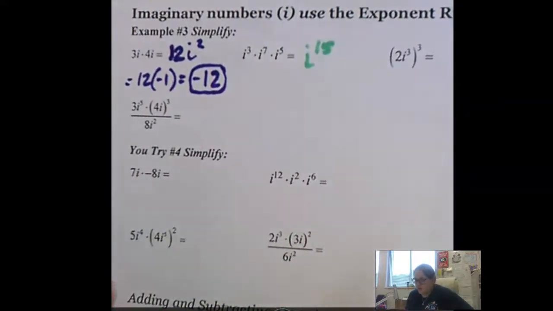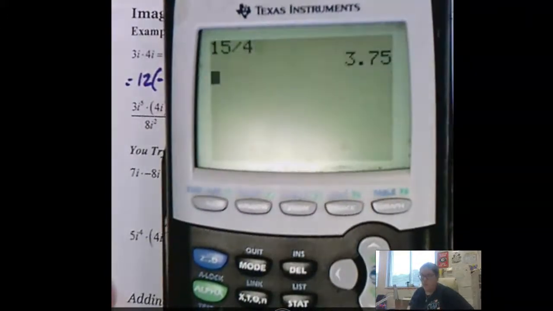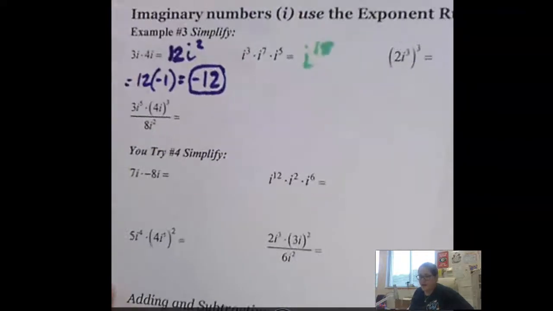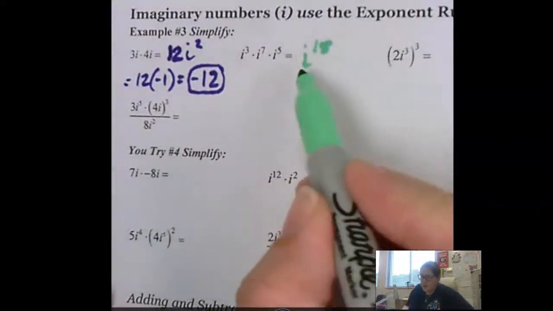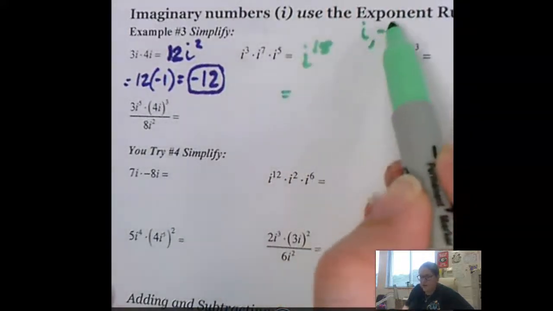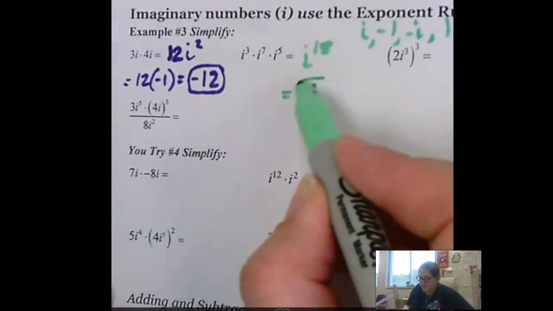And then I need to simplify that. We'll use the process we just learned. 15 divided by 4 is 3.75. Since it ends in 0.75, 75 cents, that'd be the third term in my pattern. And remember, it goes i, -1, -i, 1. So the third term is -i.